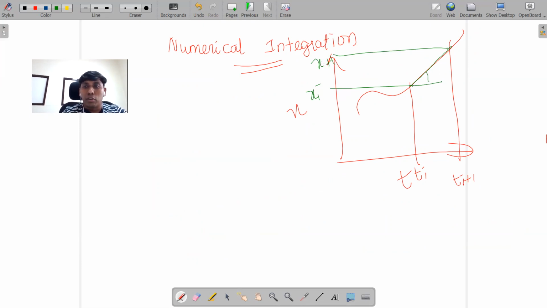Then this linearized slope, x dot, can be written as xi plus 1 minus xi divided by ti plus 1 minus ti. This difference I'm going to call delta t, which is nothing but the step size.